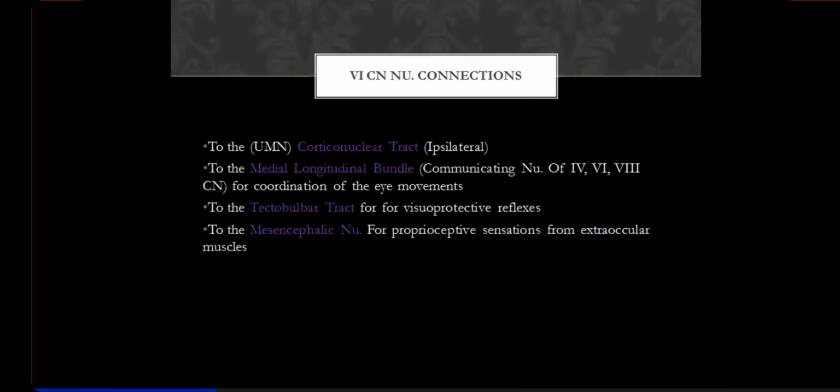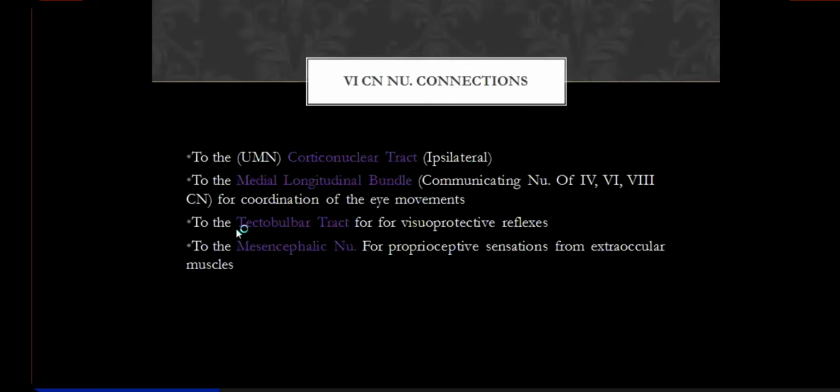And then you might tilt your neck also. If somebody throws a paper ball, you blink, you tilt your neck. So there it is this tectobulbar tract, for the movement of LPS in response to that, as well as movement of your neck muscles, right? Because this impulse is through the visual reflex, that's why it's called visuoprotective reflex.